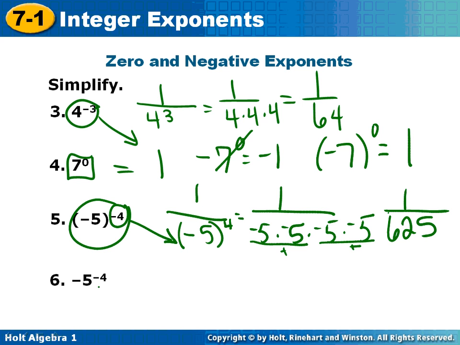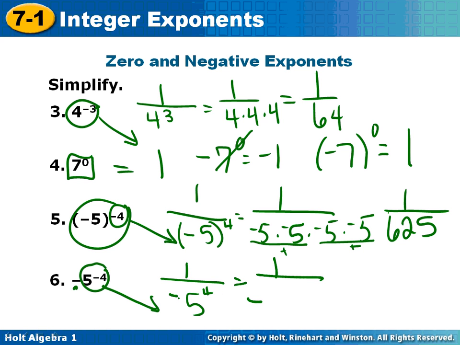Now we're going to look at number 6. I have negative 5 to the negative 4. This means that 5 to the positive 4 has to go on the bottom, and that negative is just going to go in the front. So that means 1 over negative. Notice that negative only has one negative. It doesn't go to the 4th power. On the problem before it, we had parentheses around it, so that was negative 5, negative 5, negative 5, and negative 5.